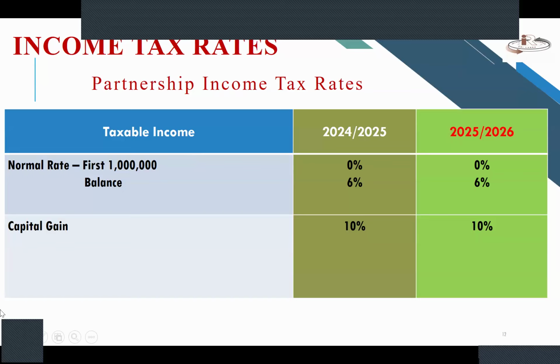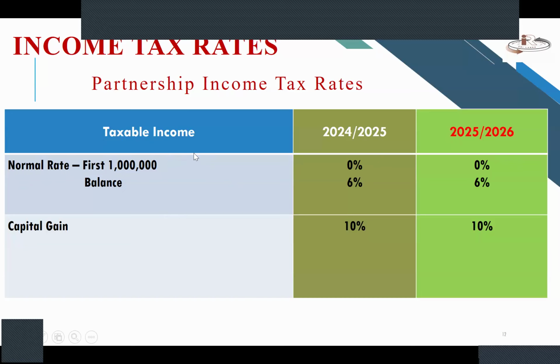Then what are the applicable tax rates for the partnership? Normal tax rate is for the first 1 million. This is taxable income. That means after the calculation of the assessable income, we can deduct only qualifying payments. After that, we arrive at the taxable income.